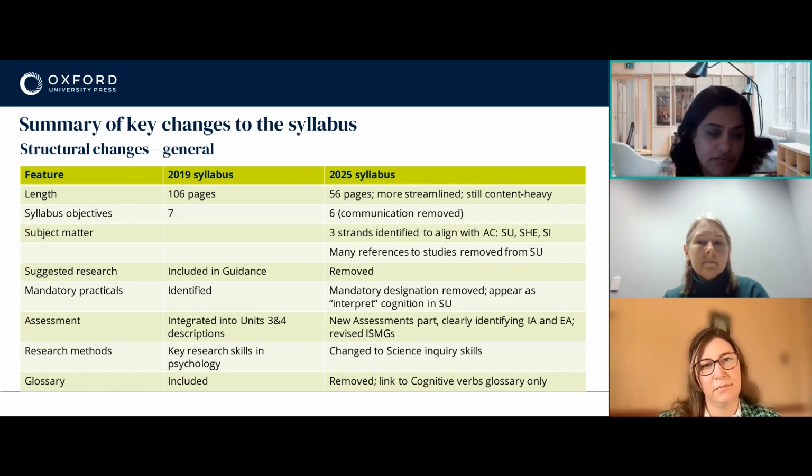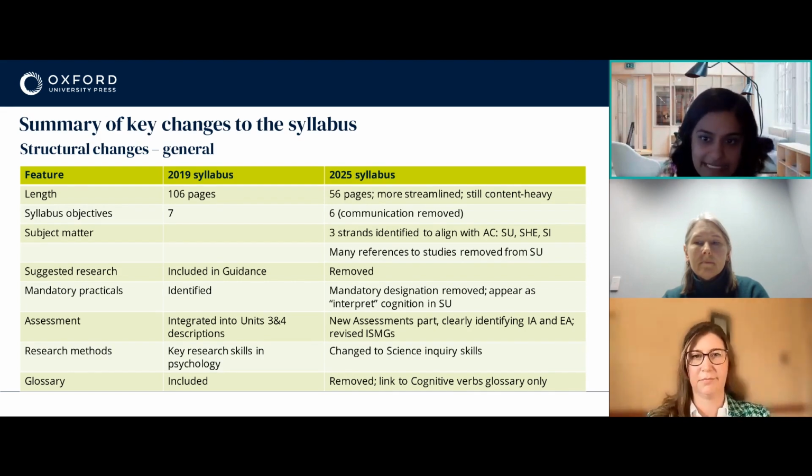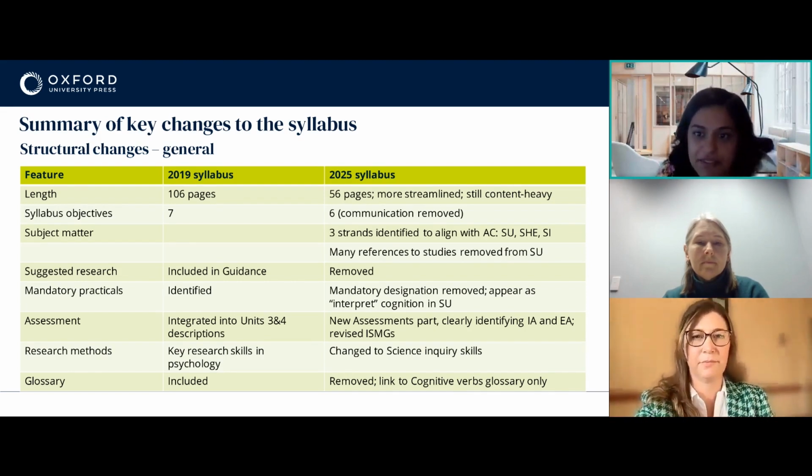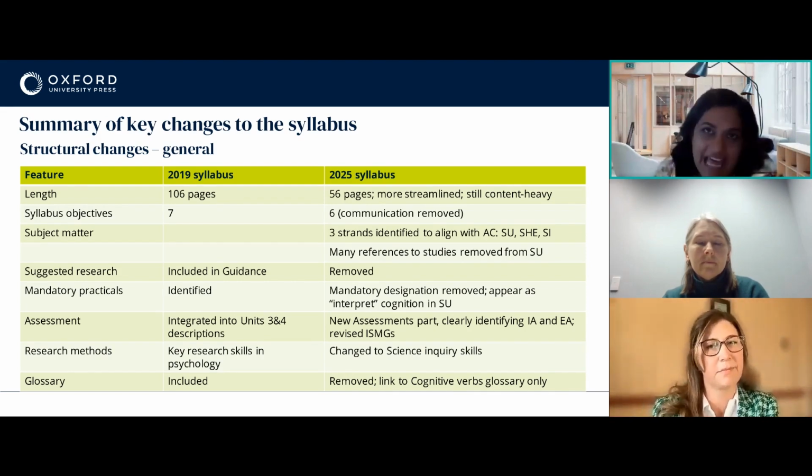They do not refer to mandatory pracs anymore, so the language has changed in terms of interpret research. And the suggested research has also been removed, and the assessment has been integrated into one section rather than throughout the syllabus, which I find a lot easier to manage.